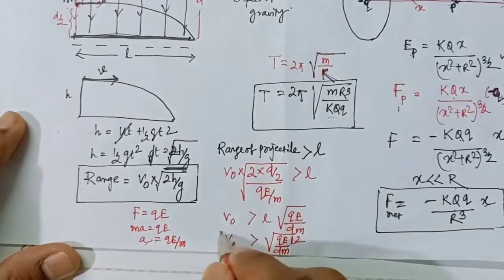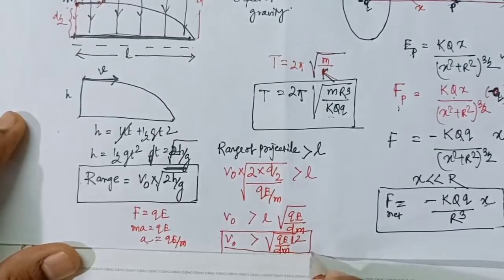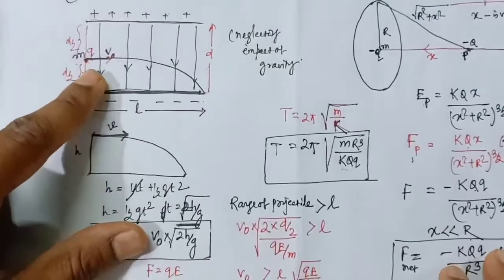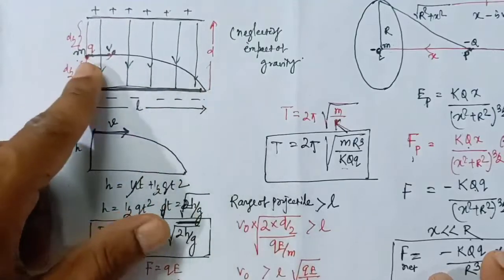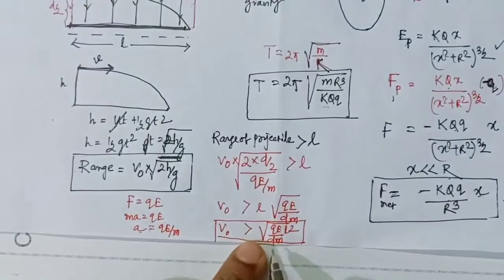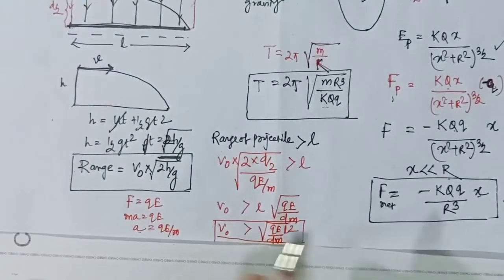So this is a very fundamental thing. What should my velocity be so that it will not hit the bottom surface? My velocity should be greater than this value so that it will not hit the bottom surface.